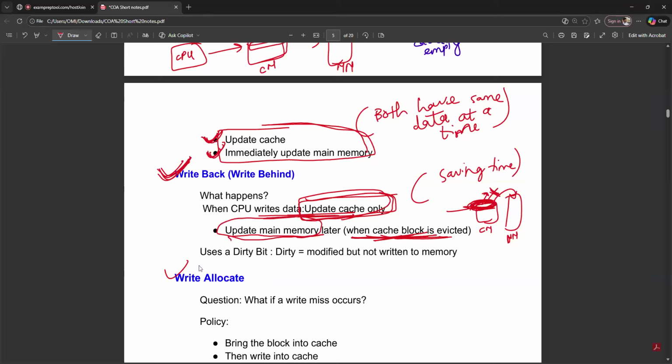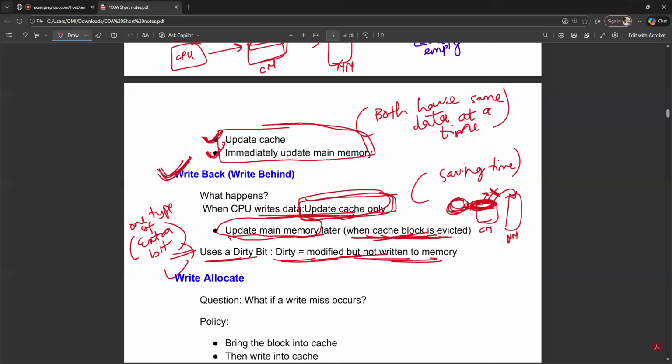Now it uses the dirty bit. Dirty equals modified but not written to memory. So how does it know when to write to the main memory? That is the extra bit I mentioned, the dirty bit.